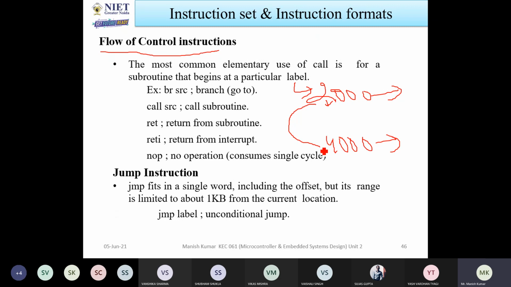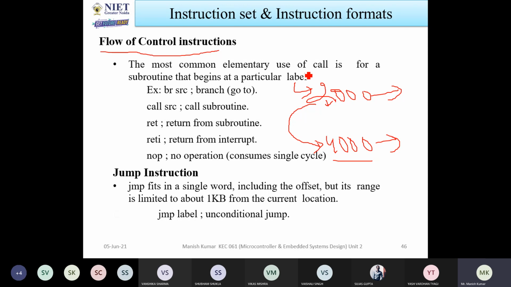But again, we want to execute directly the 4000. Then we can use the flow control instructions, like jump instructions. So basically, with the help of these instructions, we are going to control the microcontrollers.